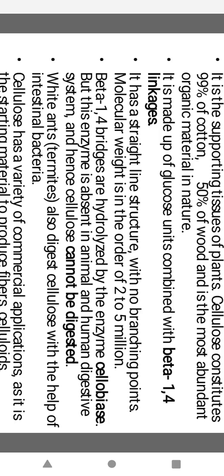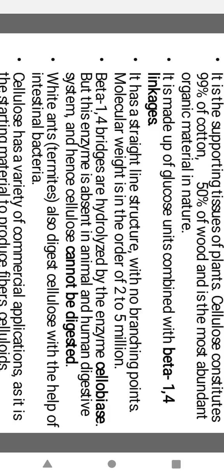Beta 1,4 bridges are hydrolyzed only by the enzyme cellobiase. This enzyme is present only in some other animals, and termites contain this enzyme, but it is not present in the human digestive system.